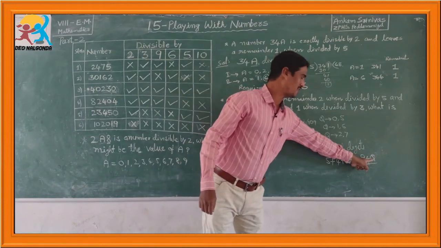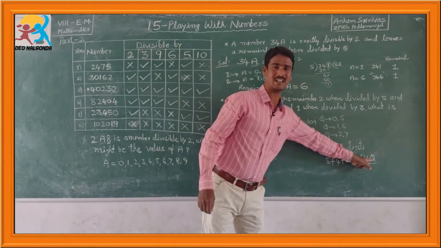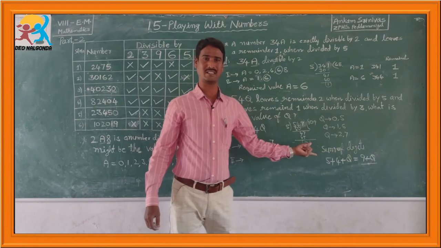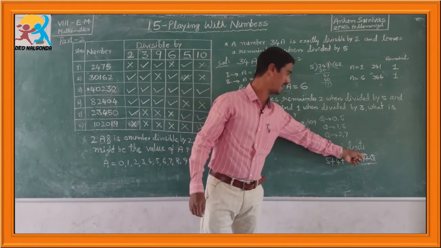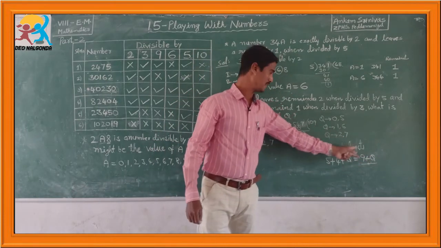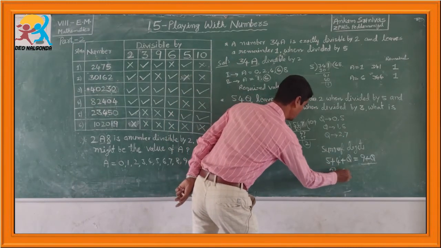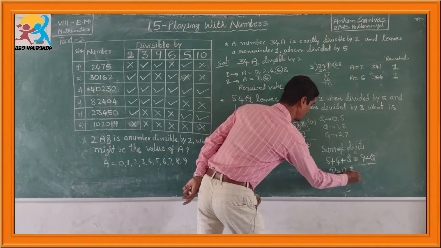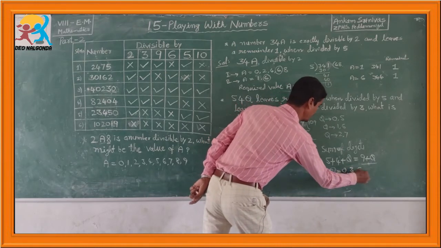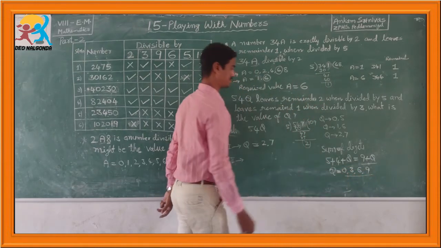So if Q is divisible by 3, then the total number is also divisible by 3. Taking Q as divisible by 3, that means Q equal to 0, 3, 6, 9.